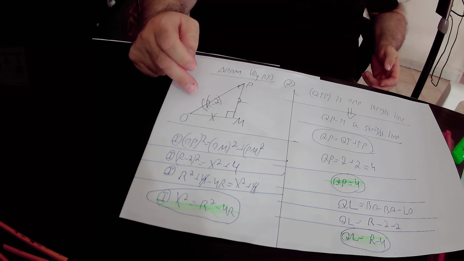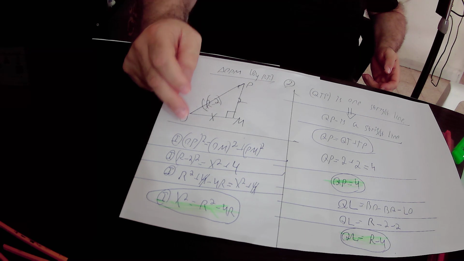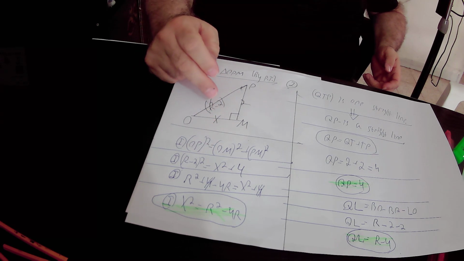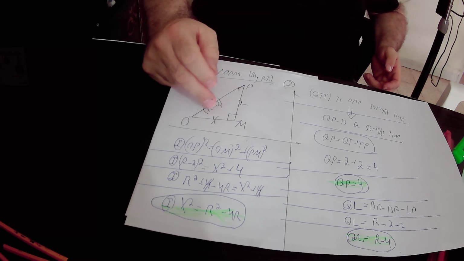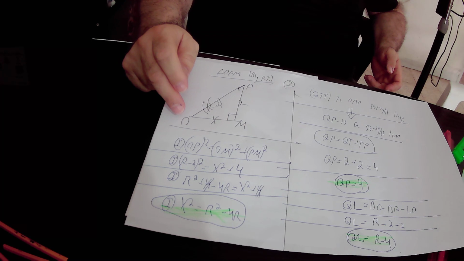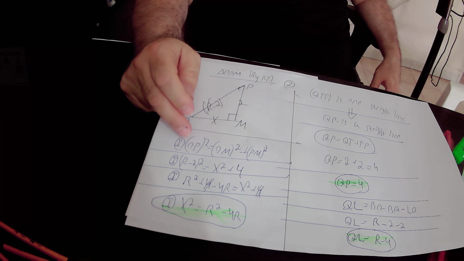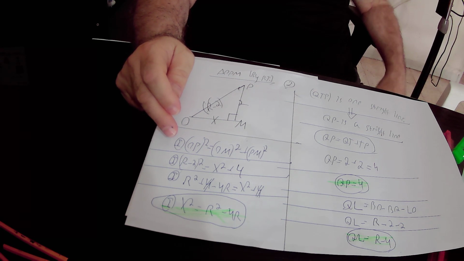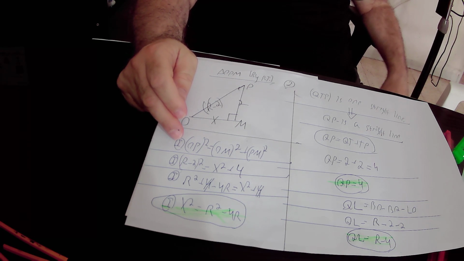So OP equals capital R minus 2, so OP square is capital R minus 2 square. That is equal to OM square. OM is X, so OM square is X square, plus PM square. PM is 2, so PM square is 2 square, that is 4. So in conclusion, we found out that R minus 2 square equals X square plus 4, according to equation number 1. We open the brackets on this side of equation number 1.